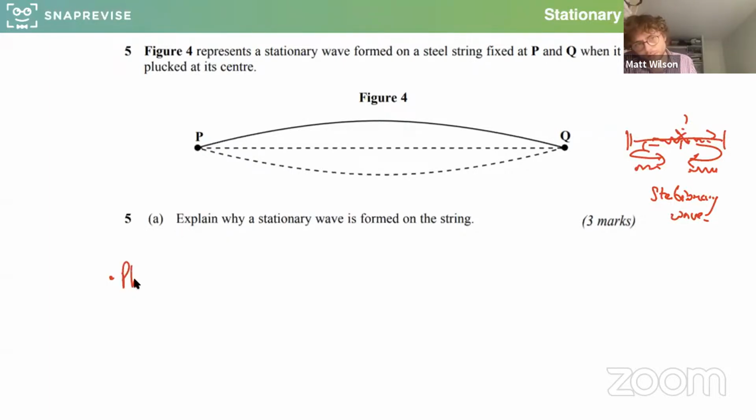So plucking the string causes two progressive waves to travel outwards.